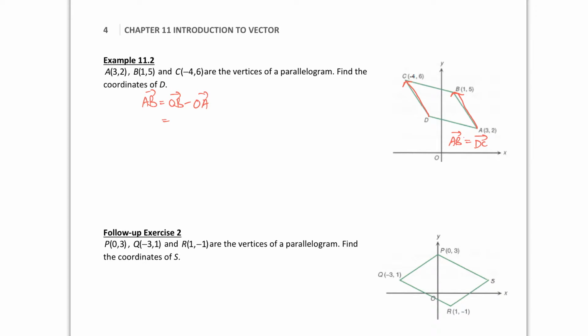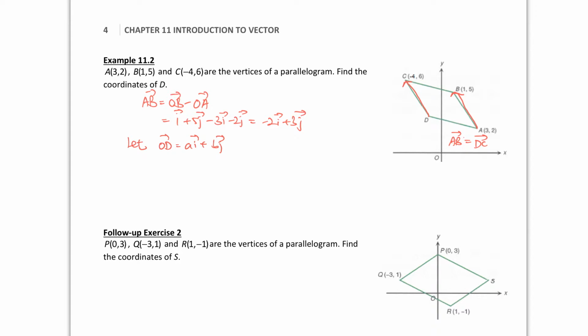So it's 1i plus 5j minus 3i minus 2j, which is equal to negative 2i plus 3j. I know this vector is equal to this vector. So I can let OD be equal to ai plus bj.